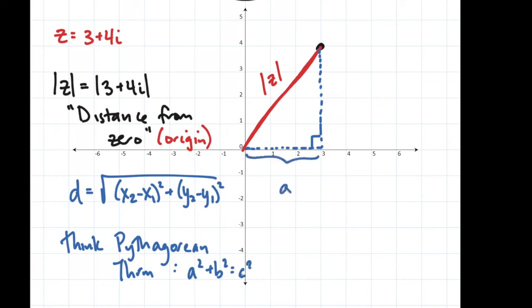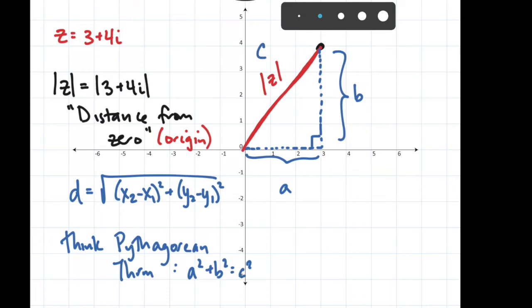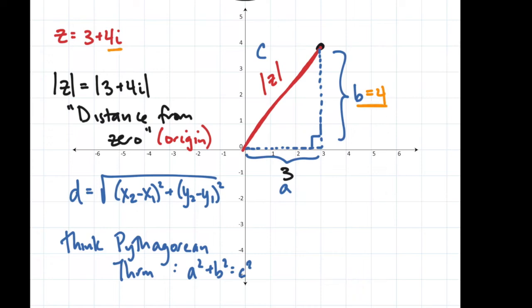So if I look here, think of this as my a, think of this as my b, and think of this as my c. So the distance for my a is actually 3, and my distance for my b is actually 4. Now this number is basically our imaginary number, and our a number is actually our real number.